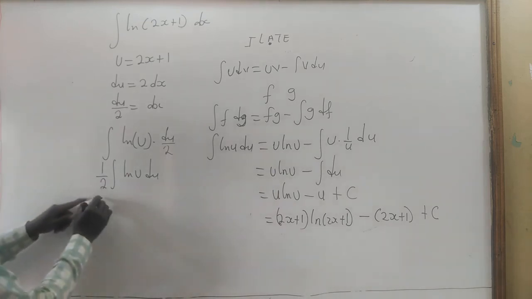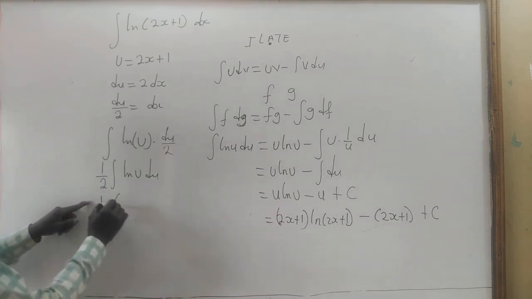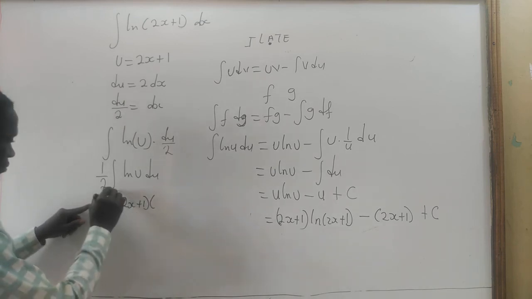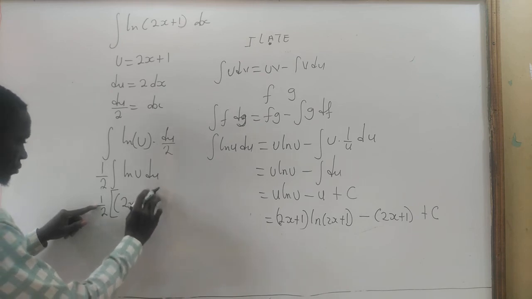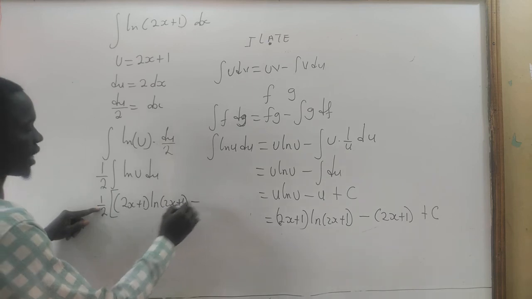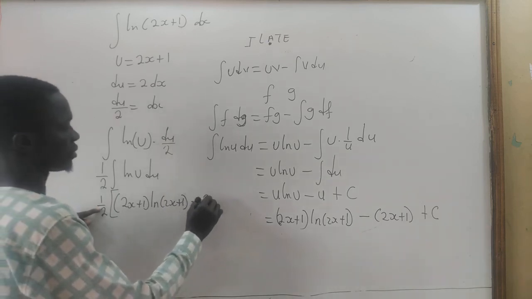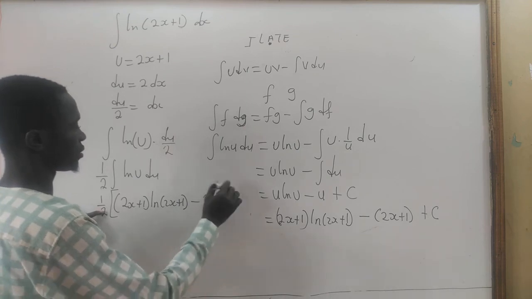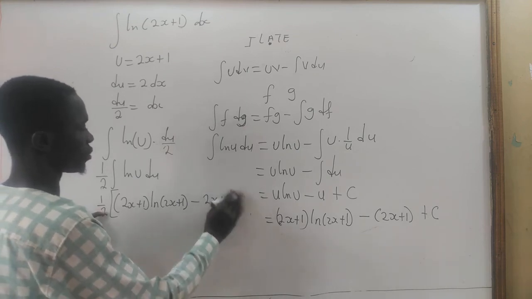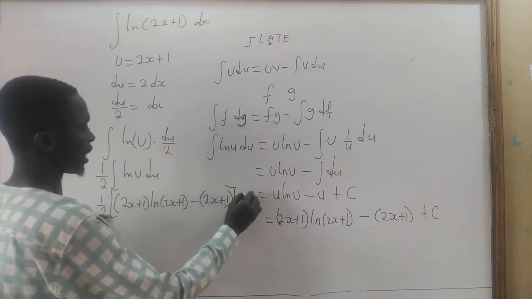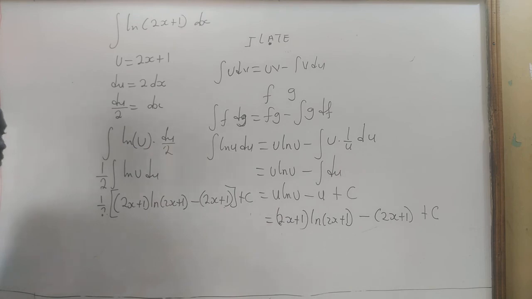So this one is now going to be half of 2x plus 1 times natural log of 2x plus 1 minus 2x plus 1, let me put it in brackets, plus the integral constant c. That's our final answer.